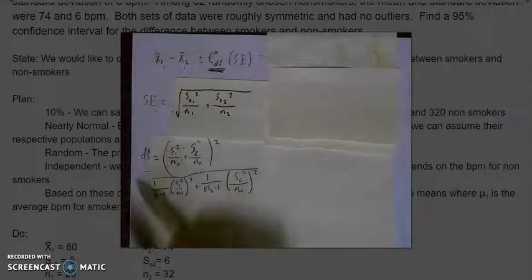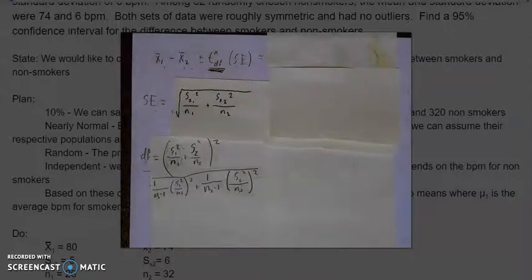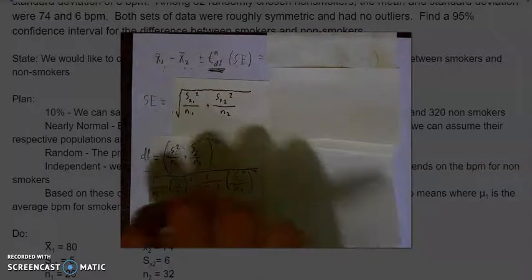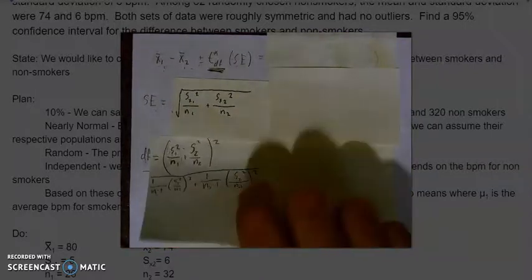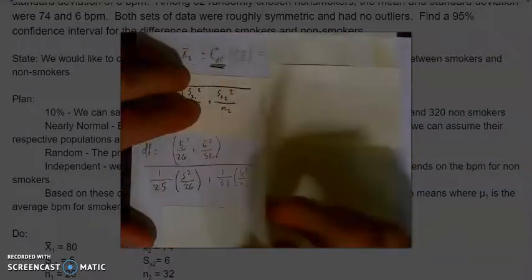So this is a lot. This is why you wouldn't normally do this by hand. It's not fun. But when you break it down and plug everything in, this is what it looks like.